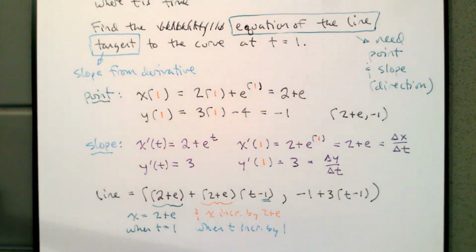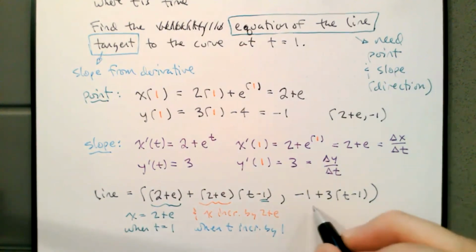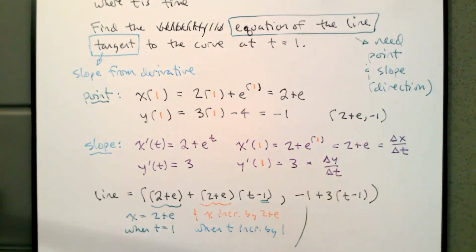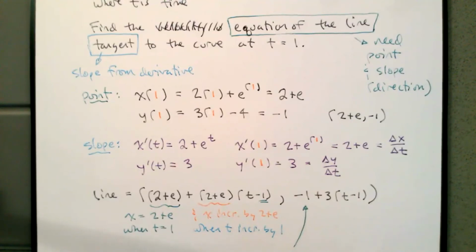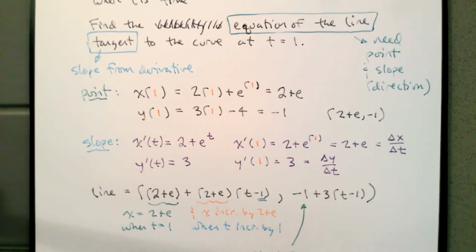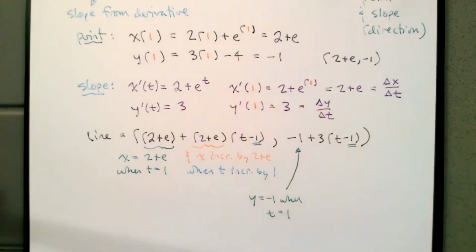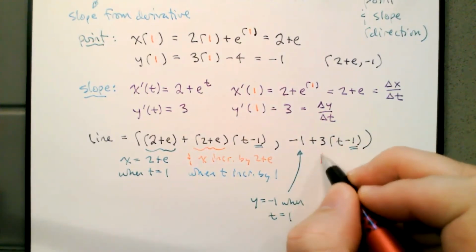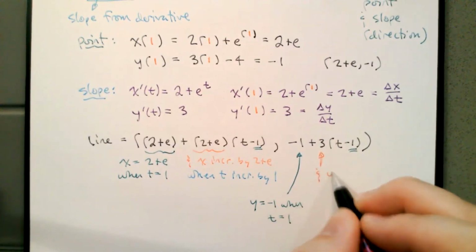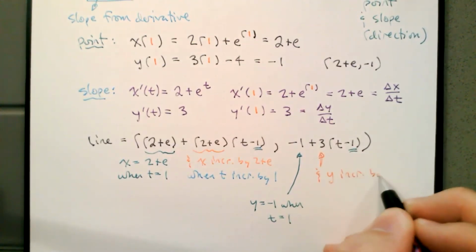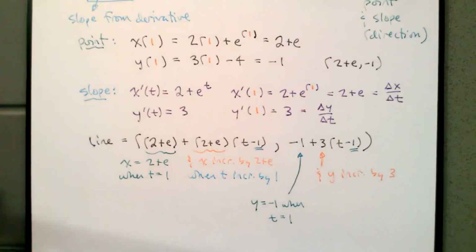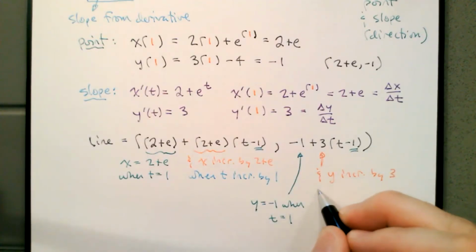The y, it's a little bit simpler. This -1 says that y is equal to -1 when t is equal to 1, and y increases by 3 when t increases by 1.